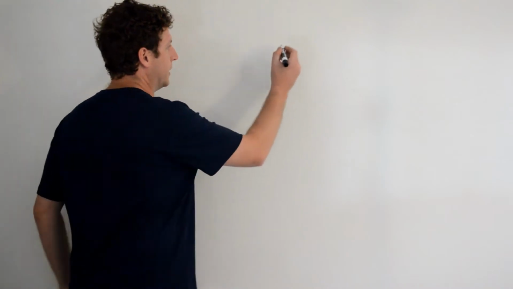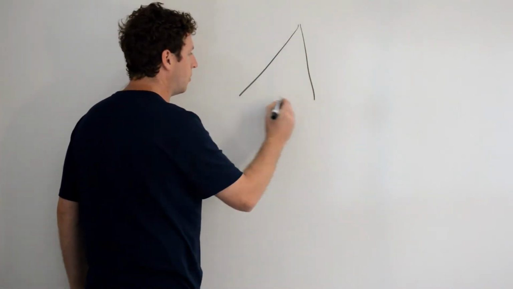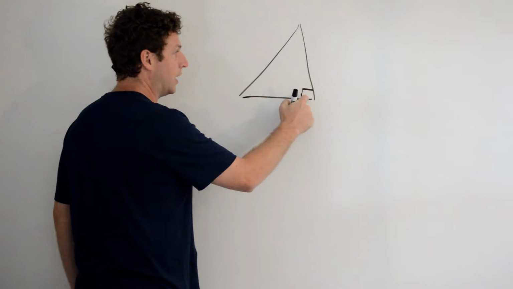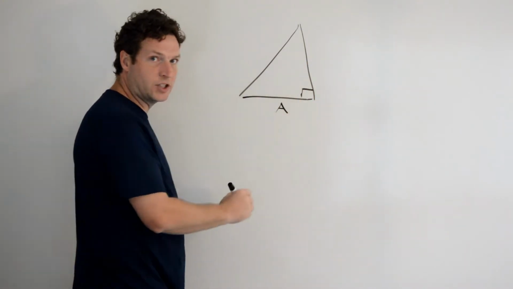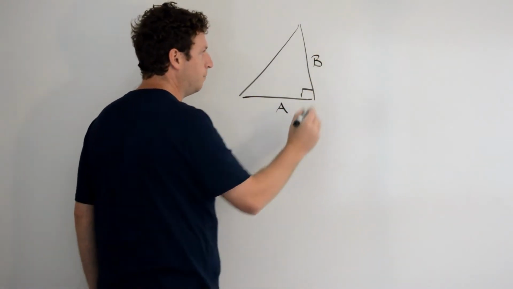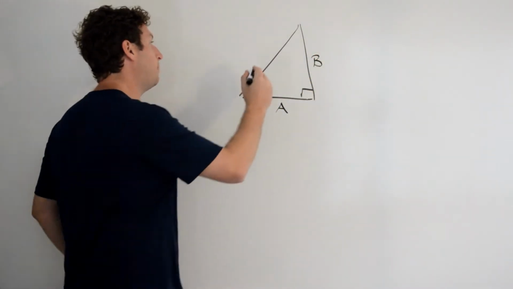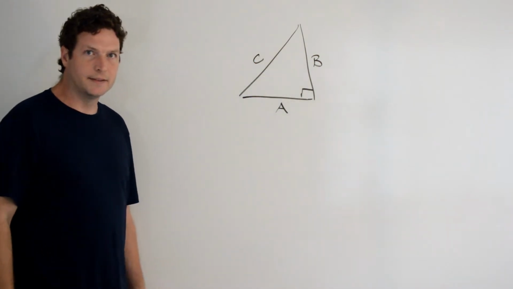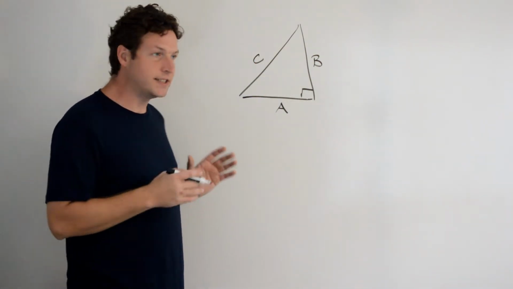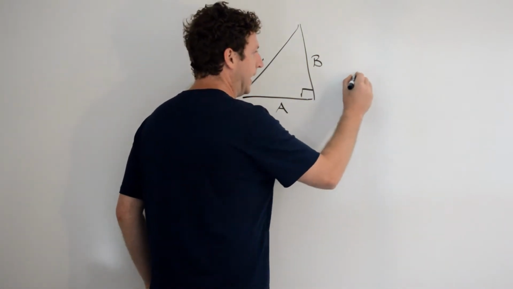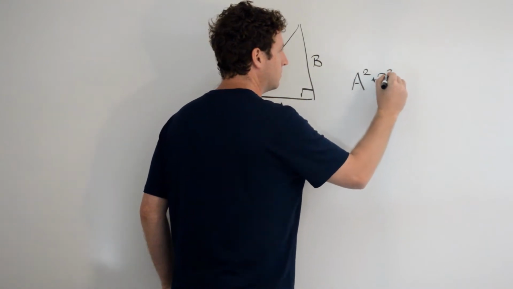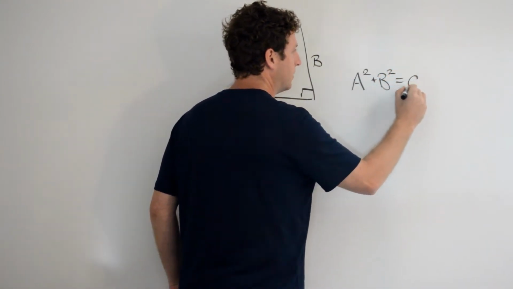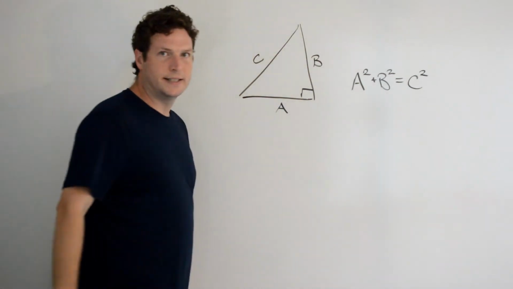Okay, whatever that means, I'm going to give you one simple equation. So here's our right triangle with our 90-degree angle. I'm going to label each leg. I'm going to call this one A, and I'm going to call this one B, and then I'm going to call the hypotenuse C. The Pythagorean Theorem gives us an equation that tells us A squared plus B squared equals C squared.